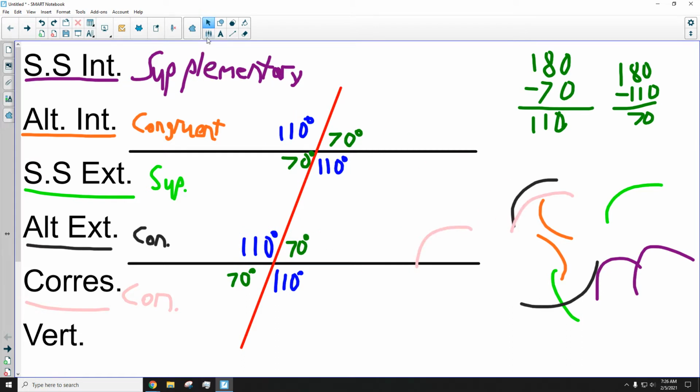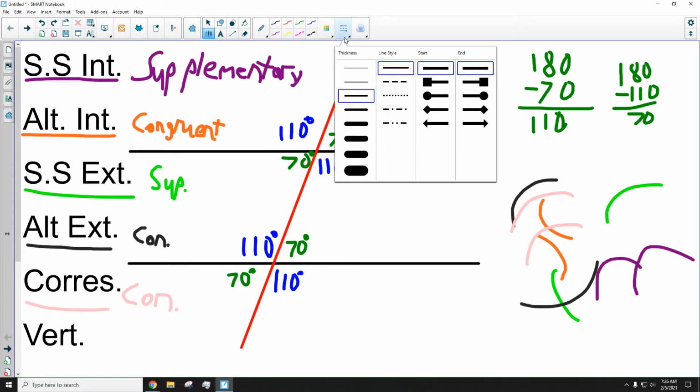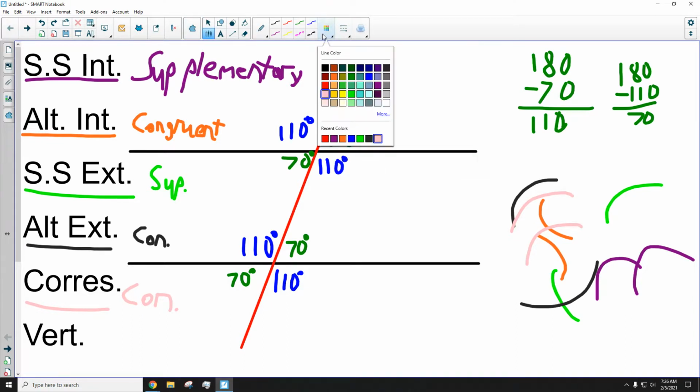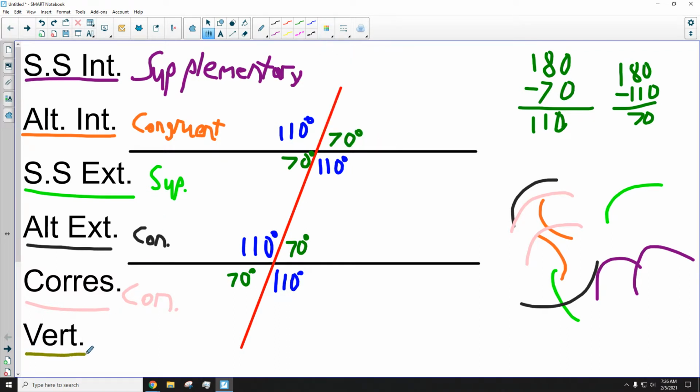And vertical angles, well, let's grab another color real quick. There we go. Vertical angles. I'm going to pick this 70 and this 70 for my vertical angles. And if you notice, they're the same, so they're also congruent.